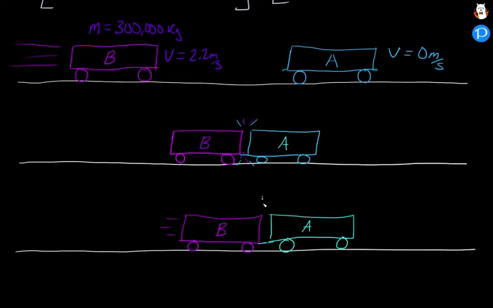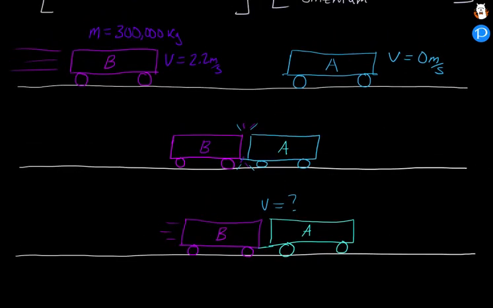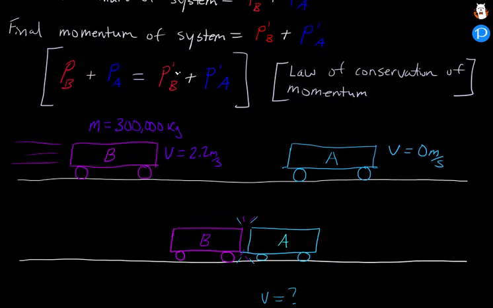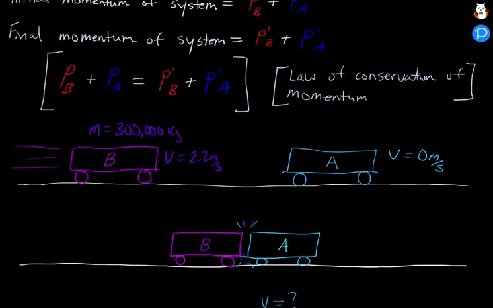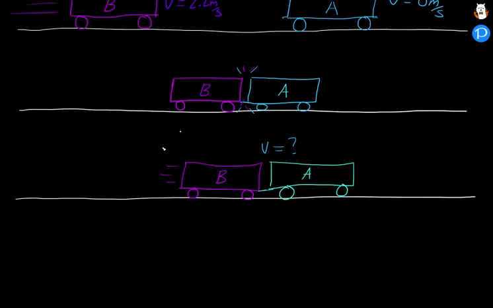And so let's say we want to figure out what the final velocity is that these two cars have after this collision, after this impulse. Based on this up here, whatever momentum these two cars had together at the beginning has to be the same as the momentum they have at the end.